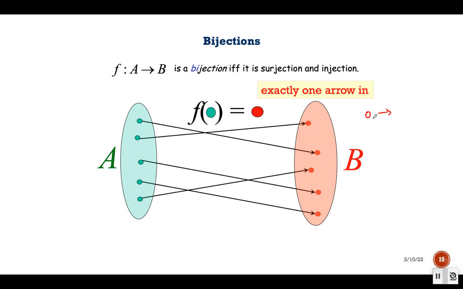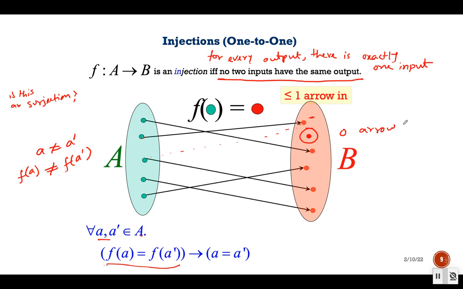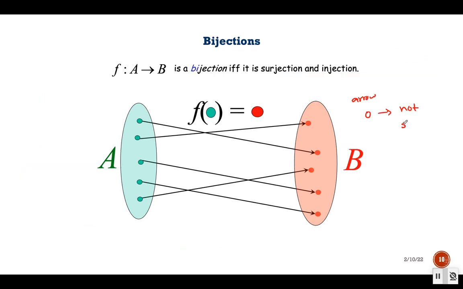If the arrow count is zero, that means it's not surjective. If greater than 1, that means not injective.